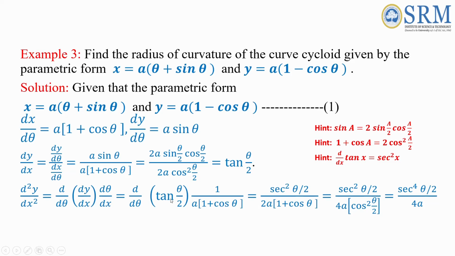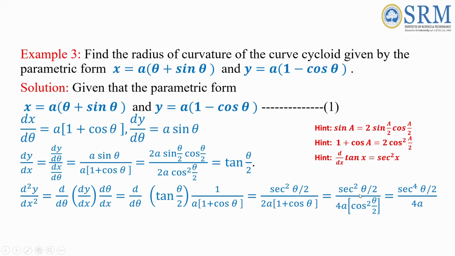Therefore this gives secant square theta by 2, and the derivative of the inner argument theta by 2 gives 1 by 2. Therefore this gives secant square theta by 2 divided by a into (1 plus cos theta).